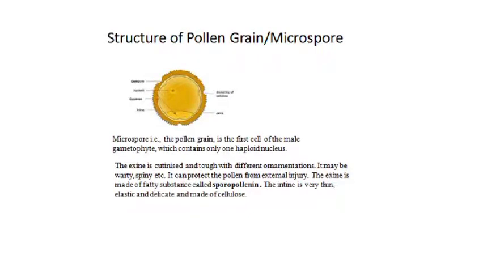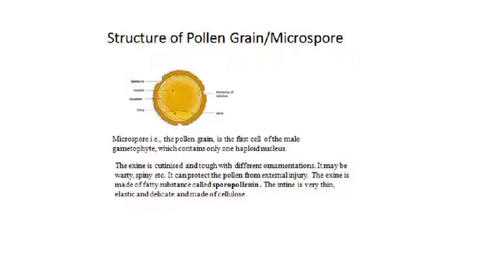Look at the characters. Microspore, that is pollen grain, is the first cell of the male gametophyte, which contains only one haploid nucleus. The exine is cutinized and tough with different ornamentation. It may be warty, spiny.